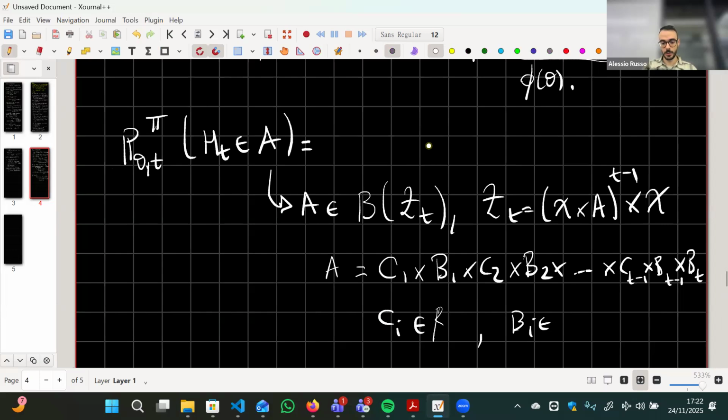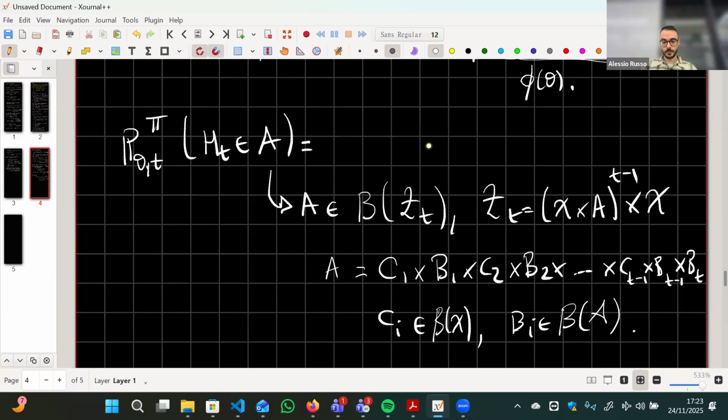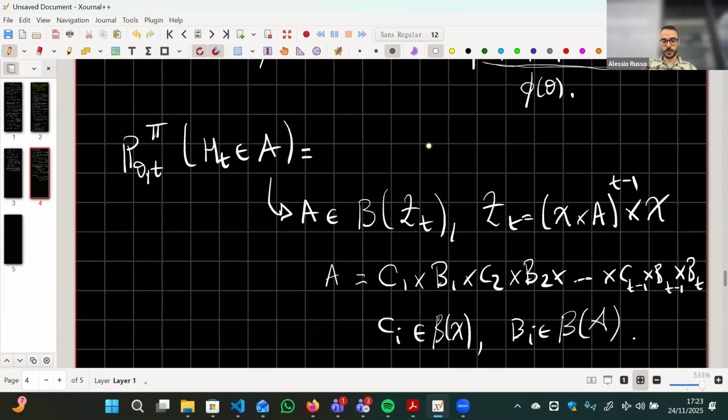We are going to use the Borel sigma algebra. And Bi belongs to the Borel sigma algebra of the action space. So we can always consider any subset of this set as the Cartesian product of these sets Ci, Bi. So in the end, this probability measure can be defined using the Ionescu-Tulcea theorem in this way.